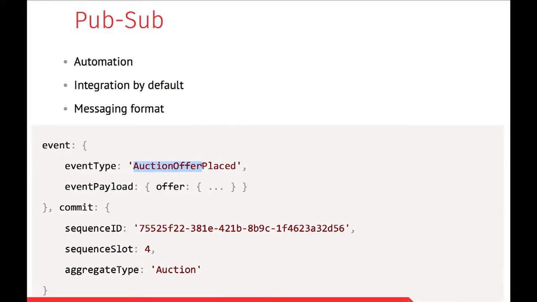This is an example of an event schema. As you can see, it's just a JavaScript object that tells us what's actually happened. So we got the type here. We know that someone has placed an offer in our auction. Then we know what the offer is. This is redacted for legibility, but still you expect it to be a plain object. And then you also know what sequence, so what auction ID, this is a universally unique ID, it has taken place in.